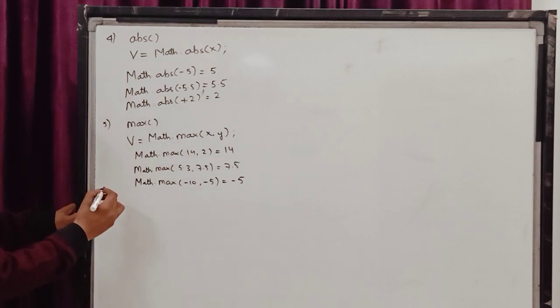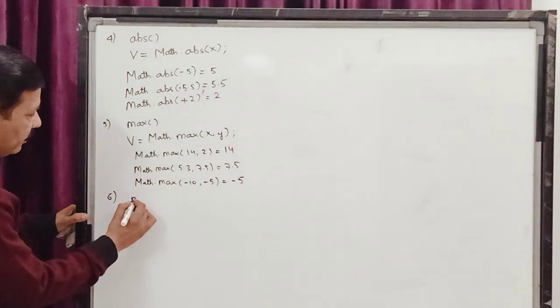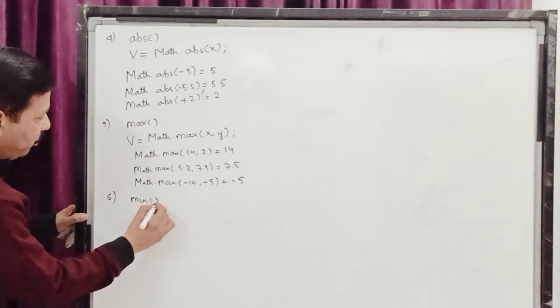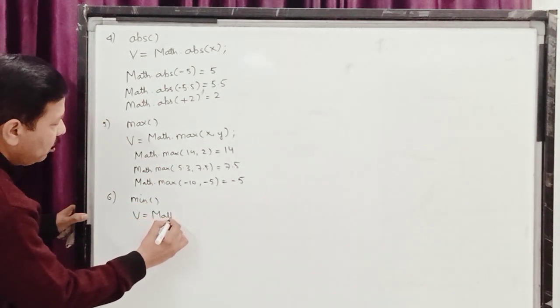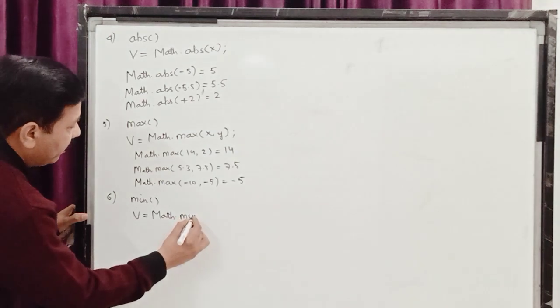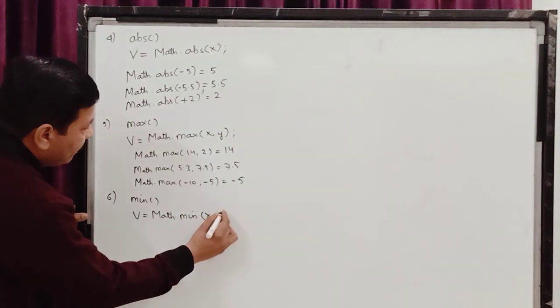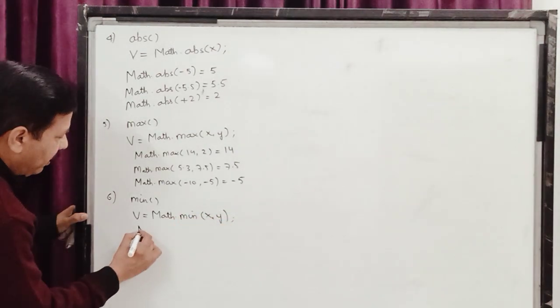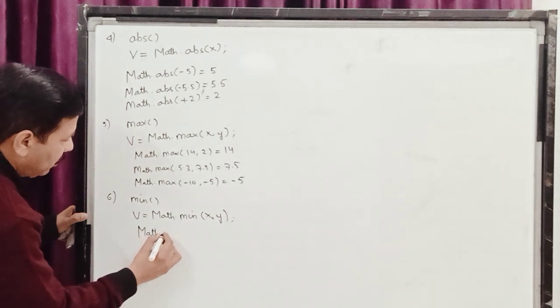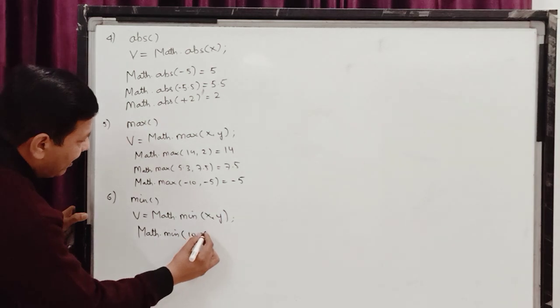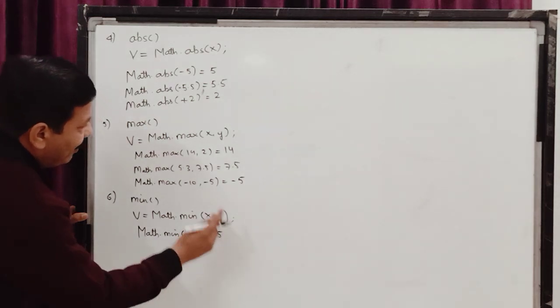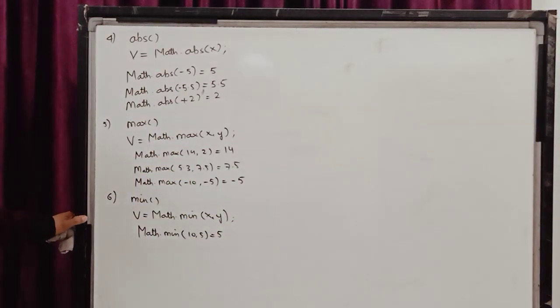And the other function related to it is min. This is opposite to it. This function is returning the minimum value out of its two arguments, x and y. So if the value is Math.min(10, 5), it is going to return a value 5. And other examples you can note down like this only.